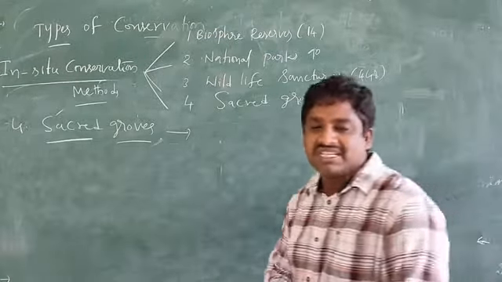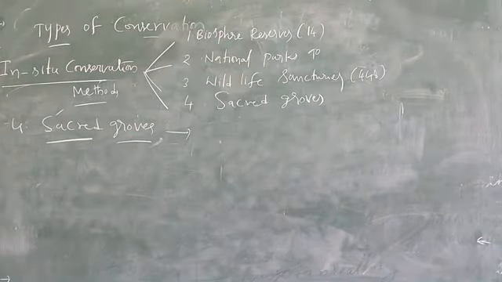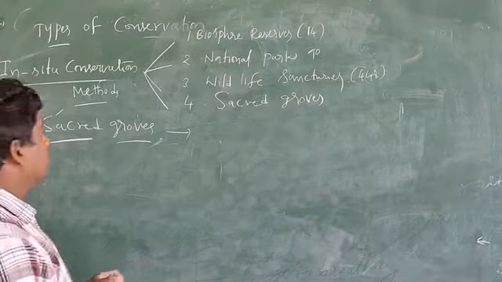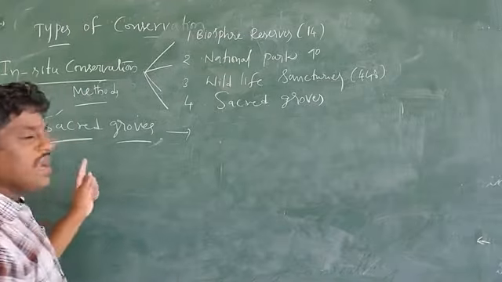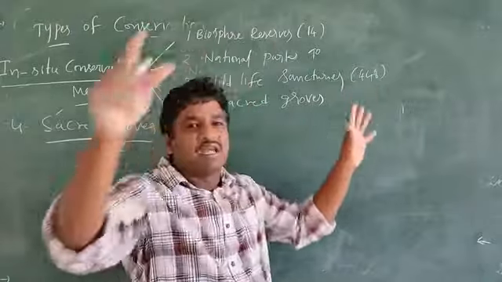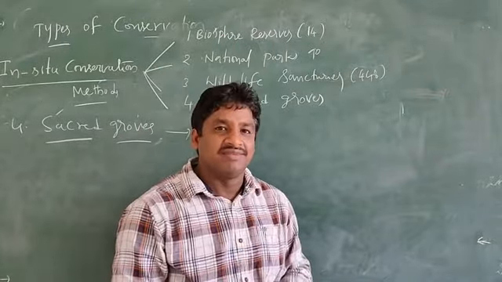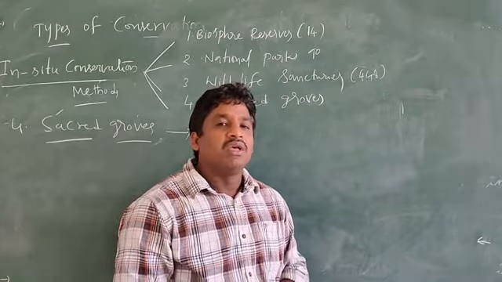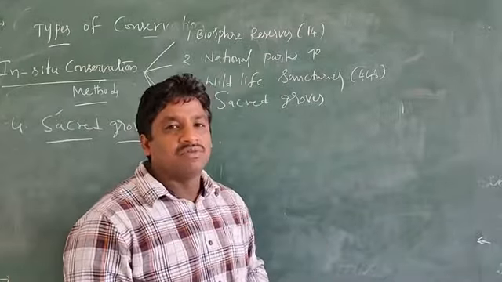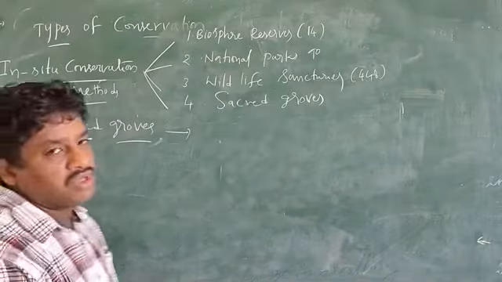Here, a group of trees, not a forest, that we call sacred groves. It looks like a group of trees is present; it is not a forest. So a group of trees, not a forest, we call sacred groves.